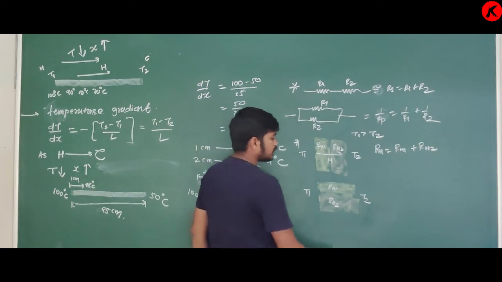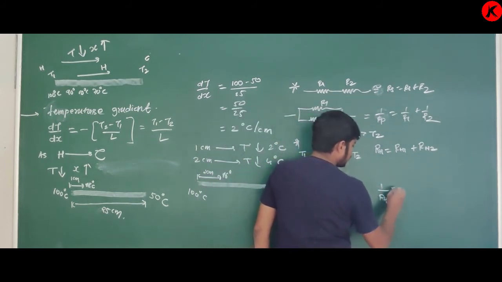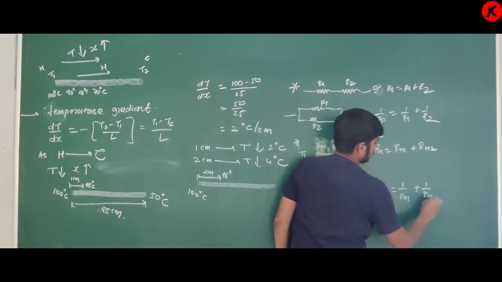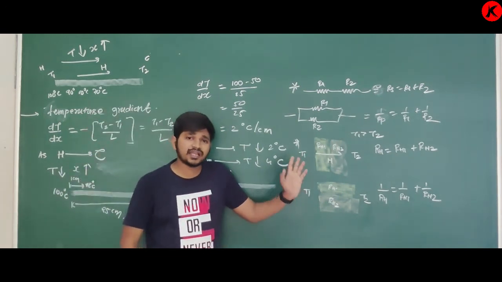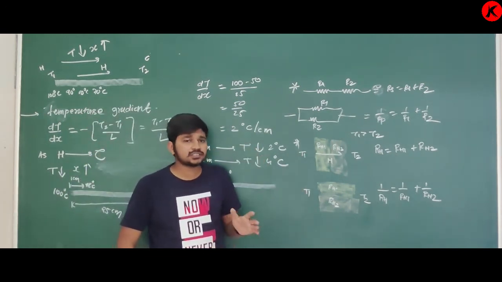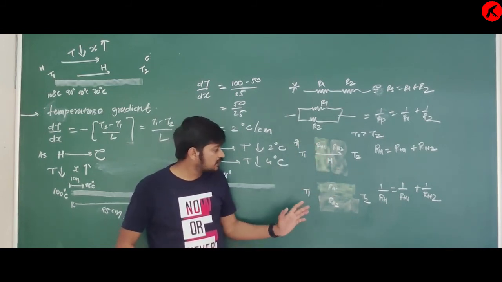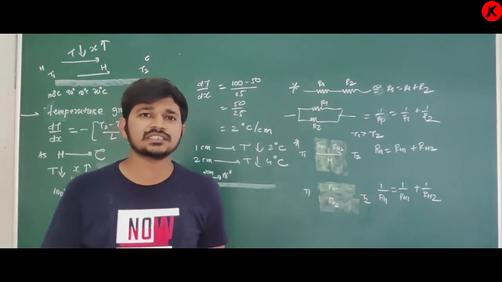So in this case, the equation of resistance is 1 upon RH equal to 1 upon RH1 plus 1 upon RH2. So for conductors in series or parallel connection, you can write the equations of resistance like this.